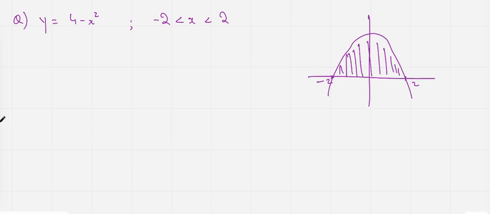We are going to use our formula of integration, a definite integral going from minus 2 to 2, and f of x, that is y, is 4 minus x squared dx. This is going to give me the area A. I apply my integral separately on the terms of my integrand.